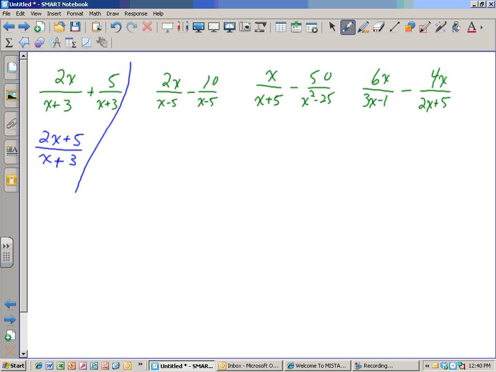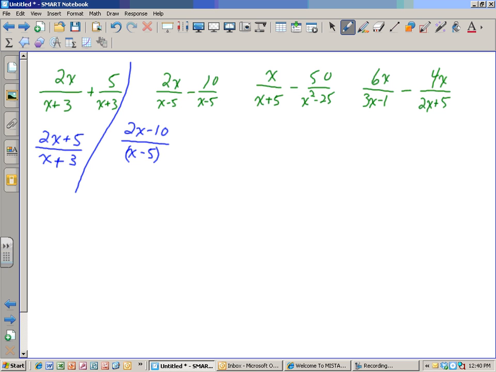Same with the second problem. Whether it's adding or subtracting, okay, the method's the same. 2x minus 10 over common denominator of x minus 5. The only thing here is you want to look to see if I can reduce anything. And the only way I can reduce is by factoring.